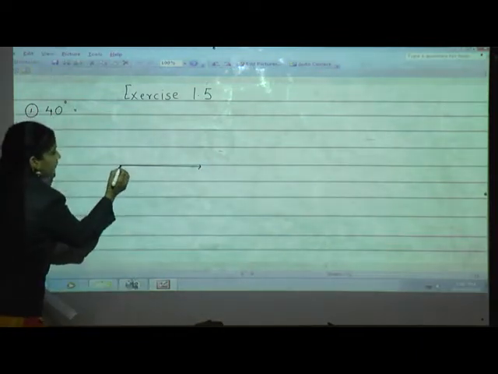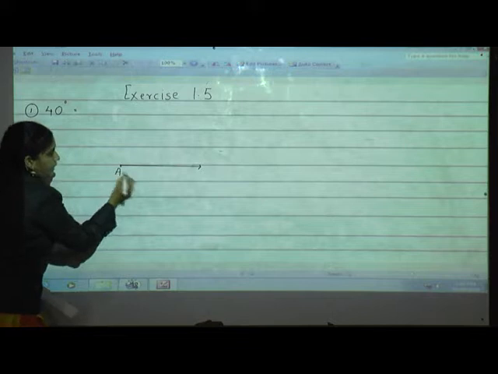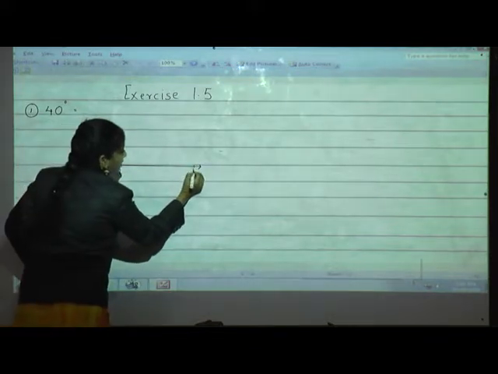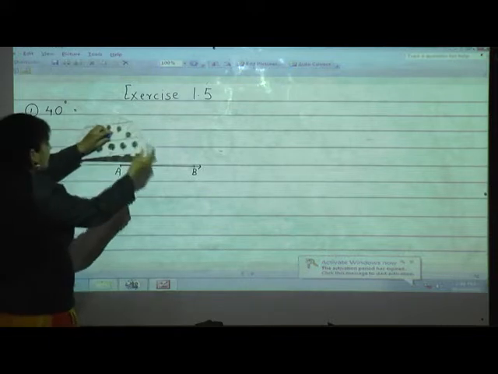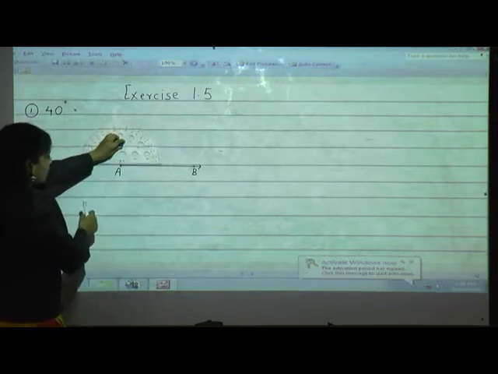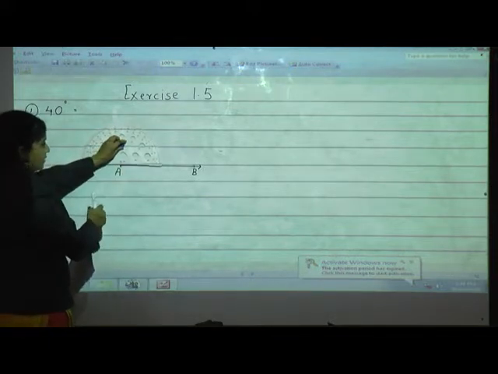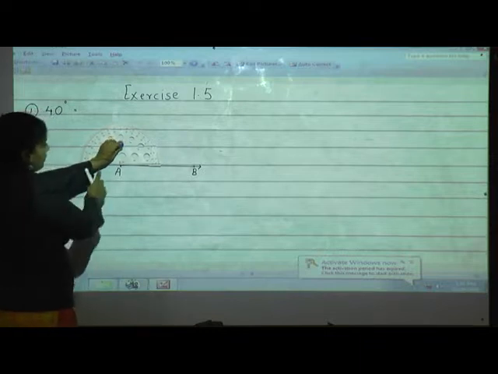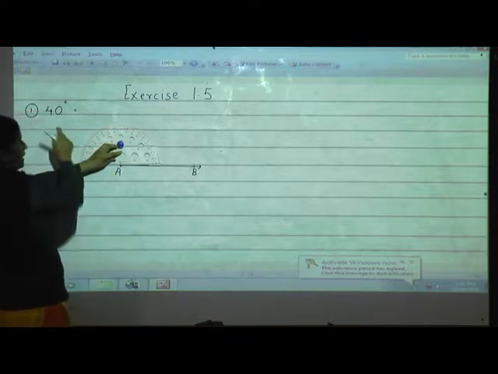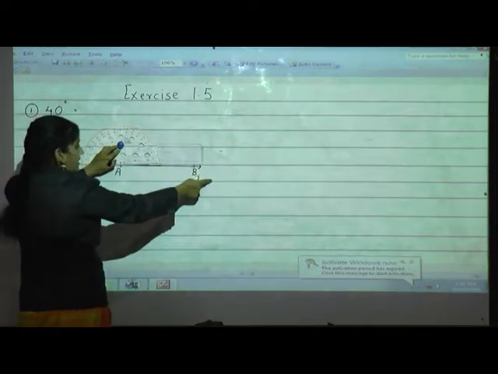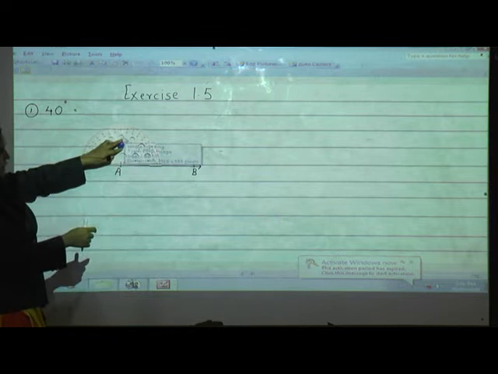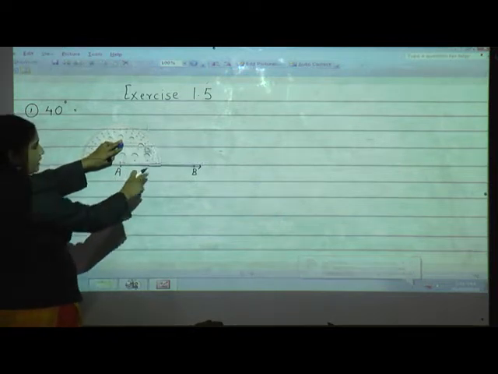We will give it the names A, B. So take your protractor, place the baseline of the protractor on ray AB. We have to draw a 40 degree angle. Here the arrow is on the right side, so that's why you have to take the inner scale.